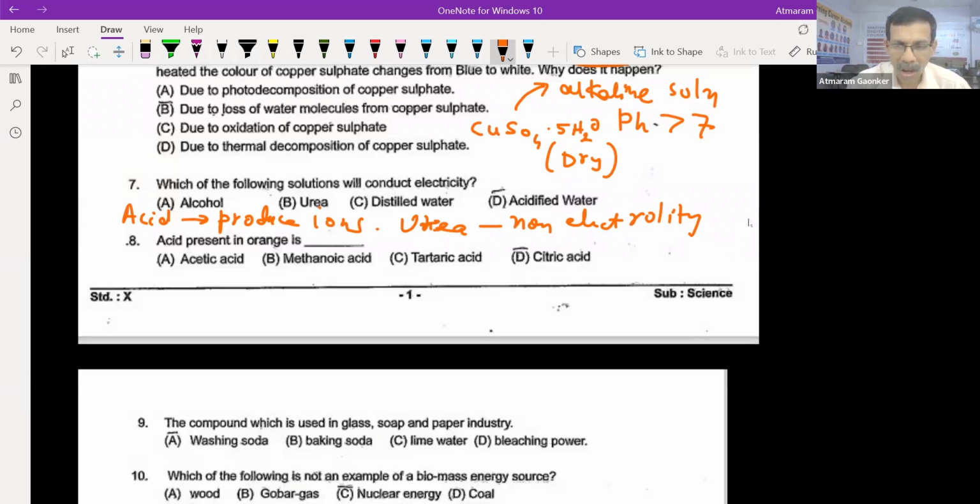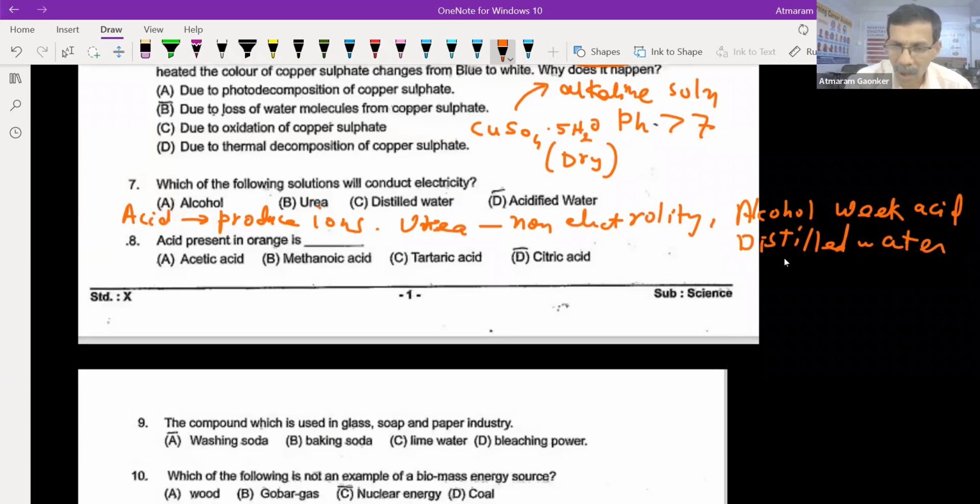So alcohol is a weak acid, and the last one, distilled water, has no ions.